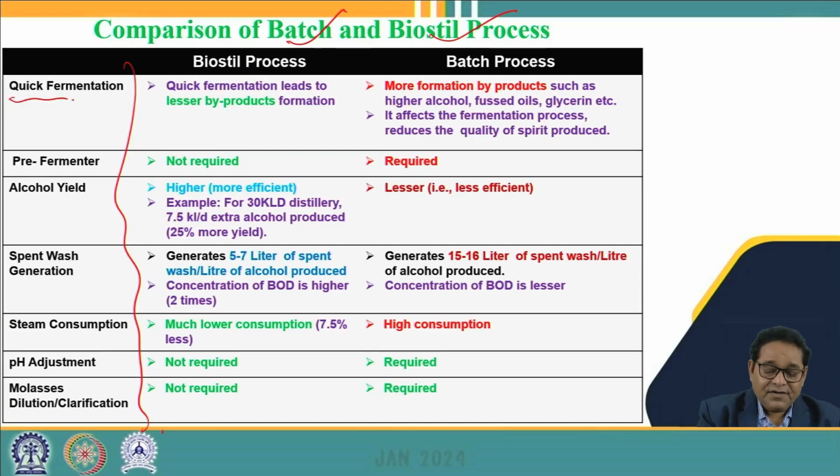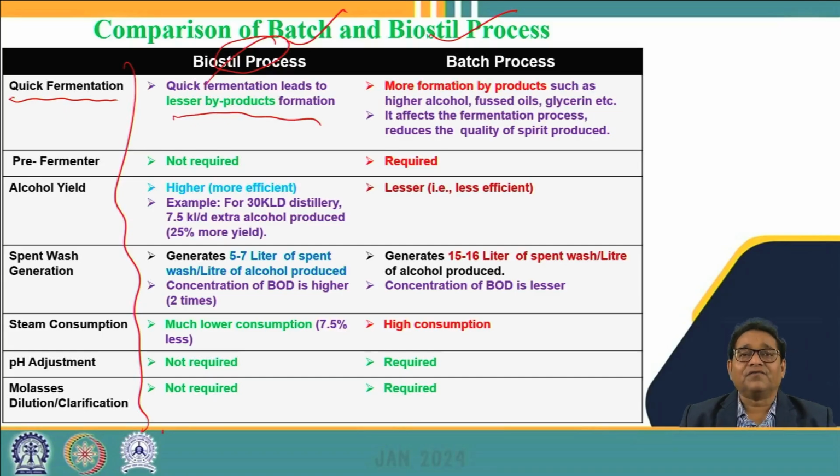Like the type of fermentation: the biostill process is very quick, because quick fermentation takes place, maximum 4 hours is required, so unnecessarily increasing the size of the reactors and fermenters is saved here. So this is a quick fermentation process compared to the batch process.